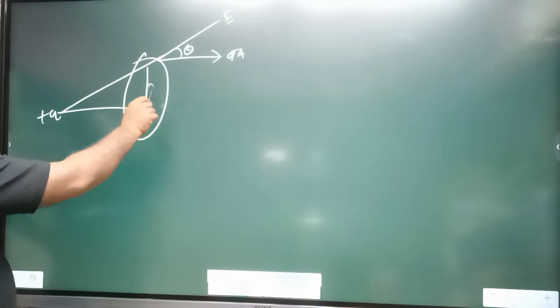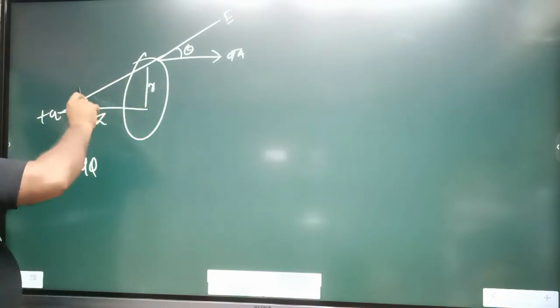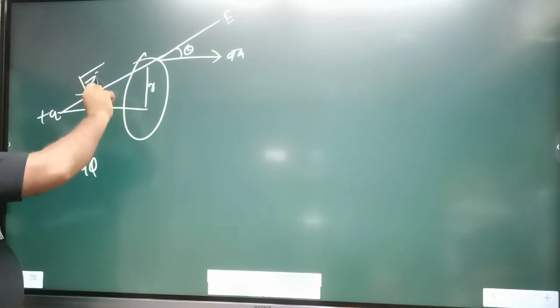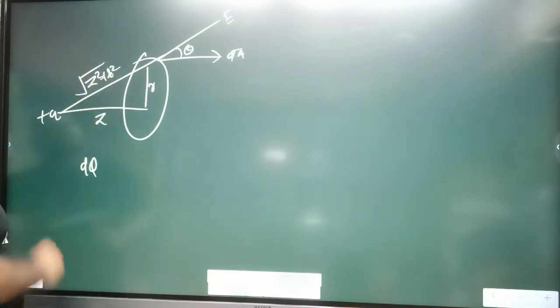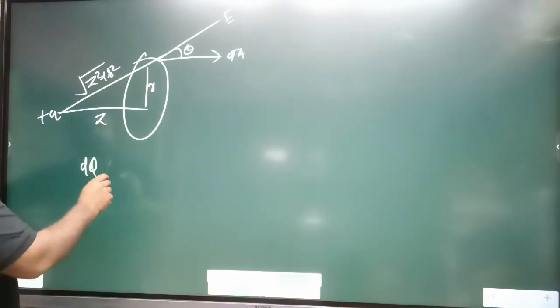Suppose this axis we consider is R, and this is Z. Then what is this distance? Under root Z square plus R square. Then what is the electric field at this point?